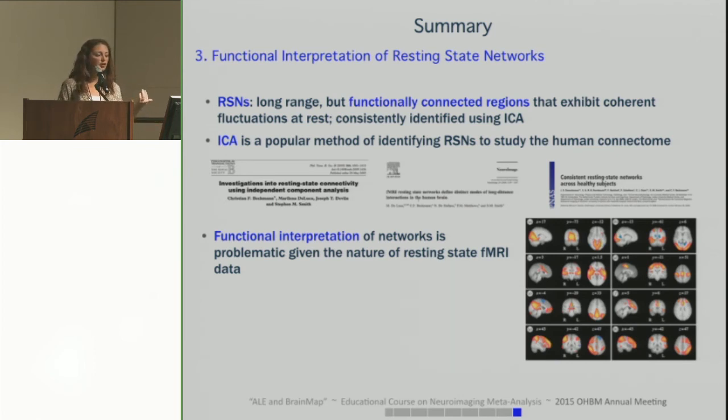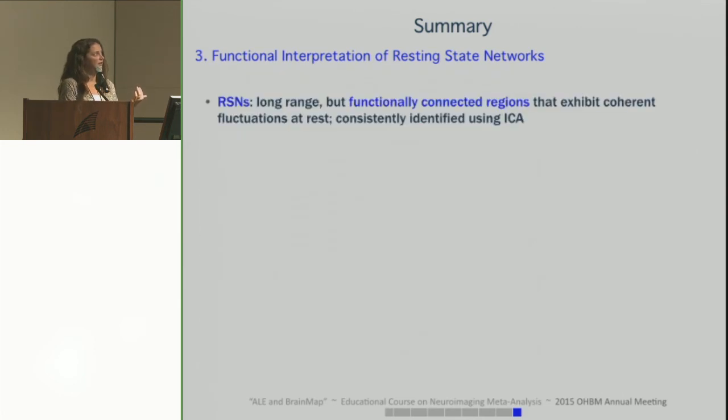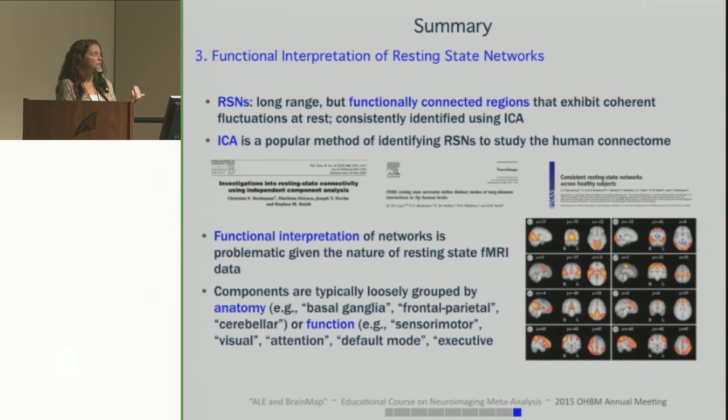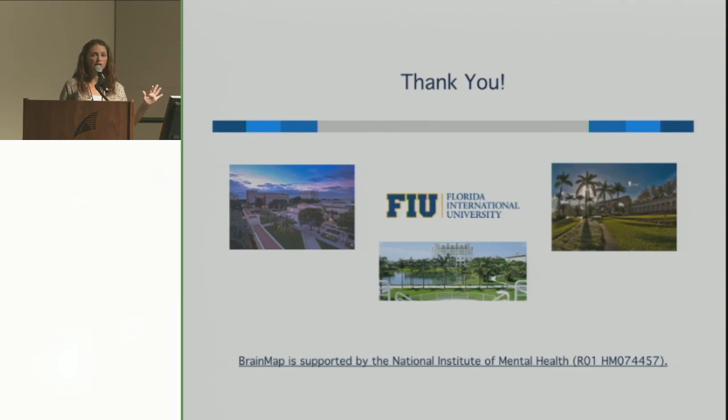But we like to talk a lot about how we can find the sensorimotor network or the visual network or the executive control network. BrainMap has done a number of studies where we've utilized the BrainMap database to provide functional labels to these resting state networks. We refer to them as intrinsic connectivity networks because, as demonstrated by Steve Smith et al. in 2009, they are not limited to just the resting state.